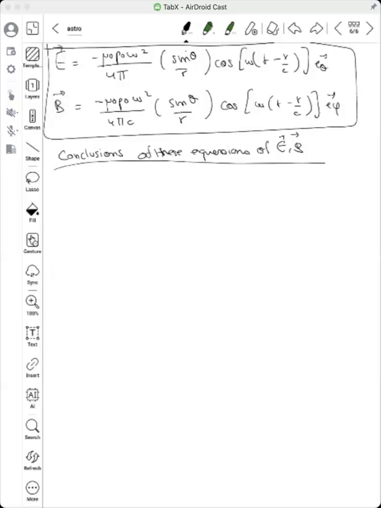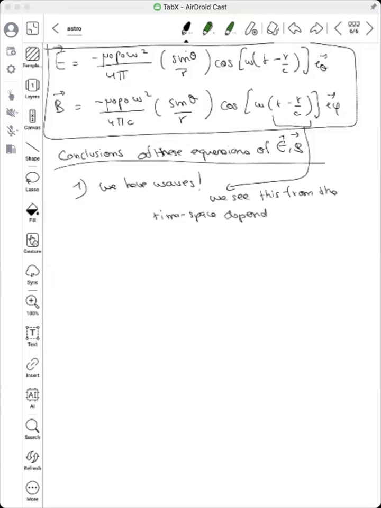First conclusion, we're dealing with waves. How do I see this? We see this from the time and space dependency of E and B. We saw that any function that looks like this, with this kind of dependency, is actually a wave.